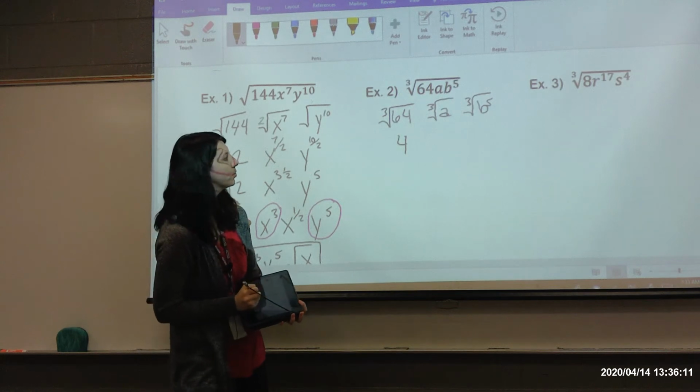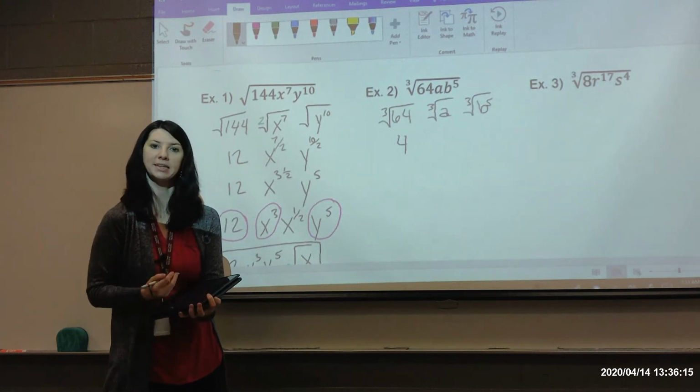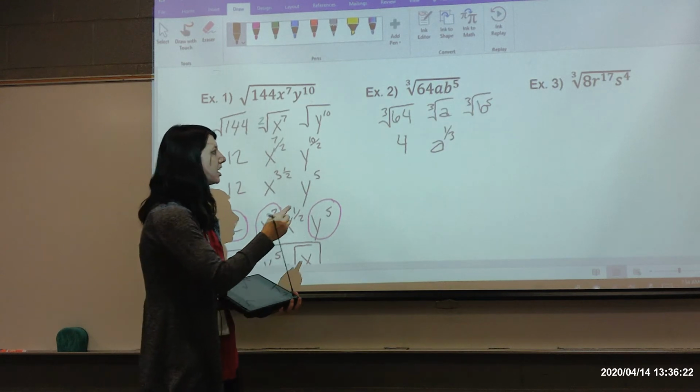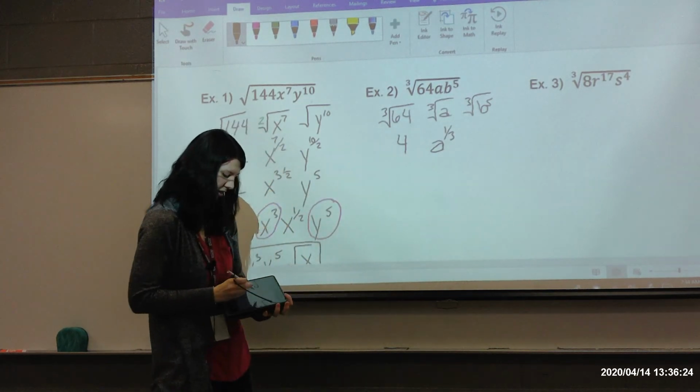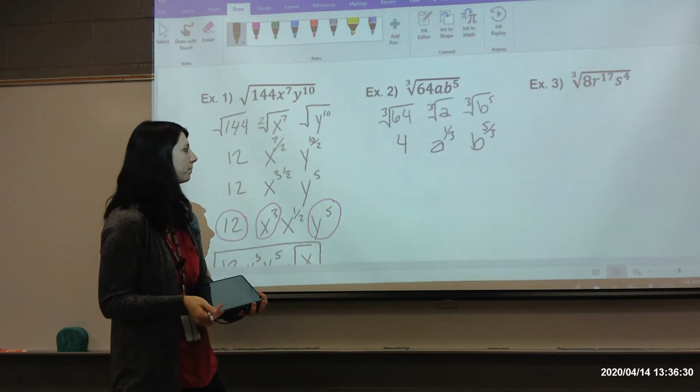Okay, the cube root of a we need to change to an exponent. So what would it be as an exponent? A to the 1/3. And then I need to change the cube root of b to the 5th as an exponent. So that would be b to the 5/3, since our index is a 3.